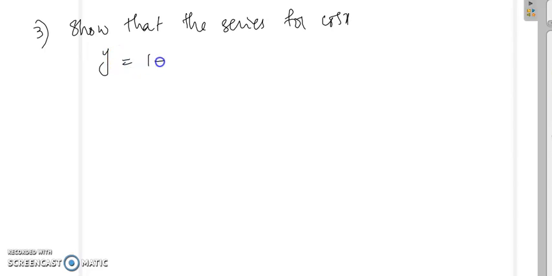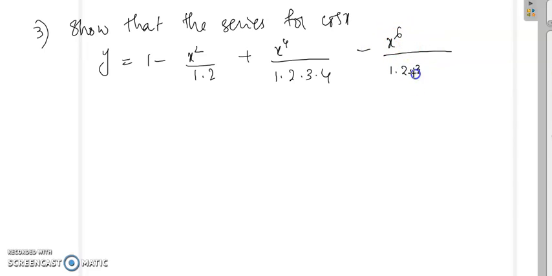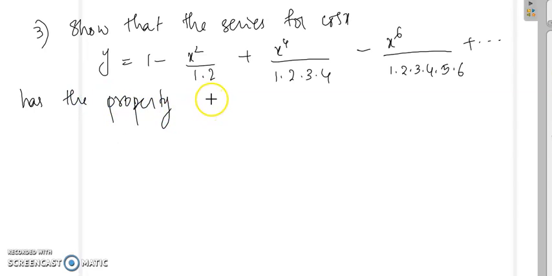And I want you to do one more problem also. Let us show that the series for cos x, that is y equal to 1 minus x square by 1 into 2 plus x raised to 4 by 1 into 2 into 3 into 4 minus x raised to 6 by 6 factorial plus etc., has the property that y double dash equal to minus y.